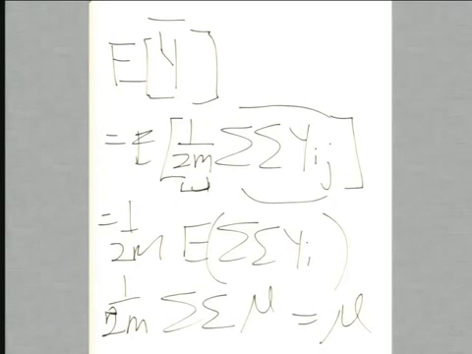Particularly in these linear cases where you're estimating something like a sum, because the expectation of the sum is the sum of the expectations, and there you have it. And so in this case, I can ignore it.